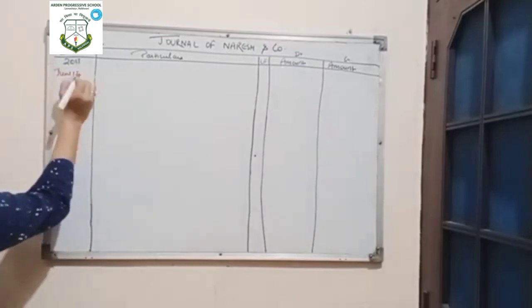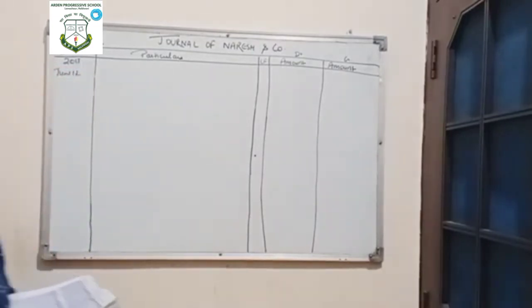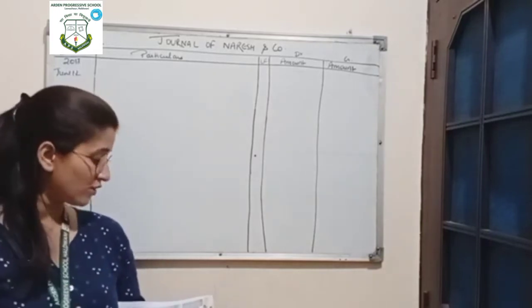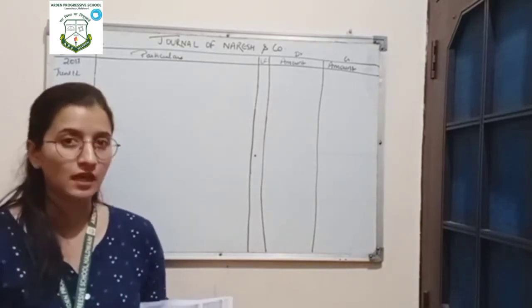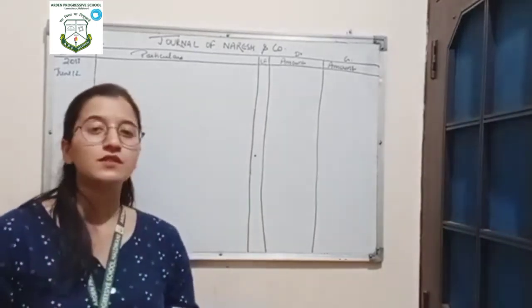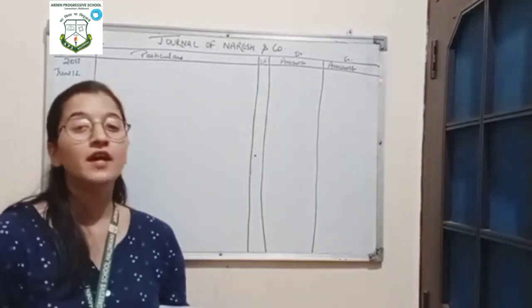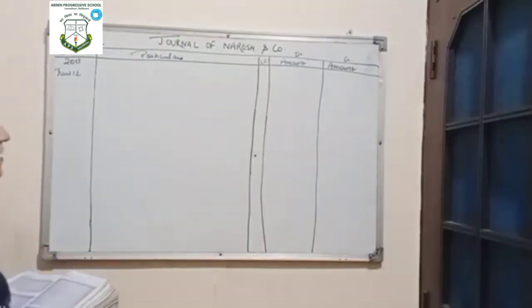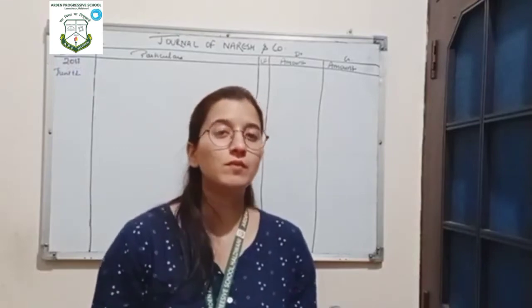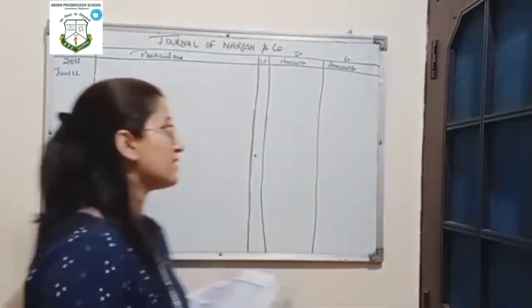June 12th. And the transaction is Harish returned goods. As we have sold goods to Harish amounting to rupees 30,000, out of which goods amounting to rupees 2,000 has been returned by Harish. So here, as we know, if sales is considered as income, so sales return will be considered as expense.